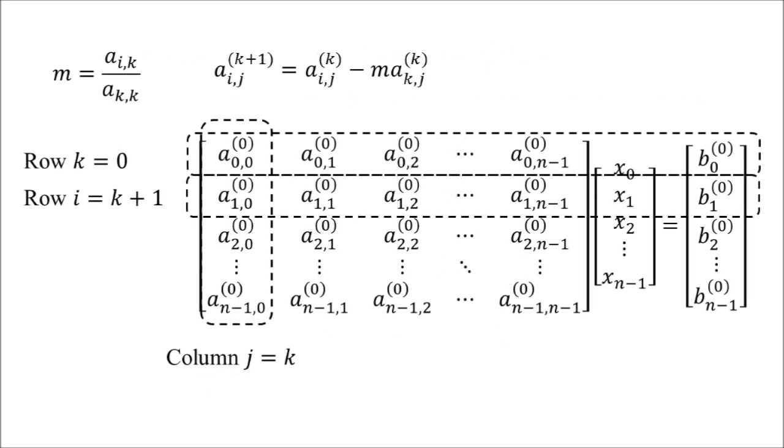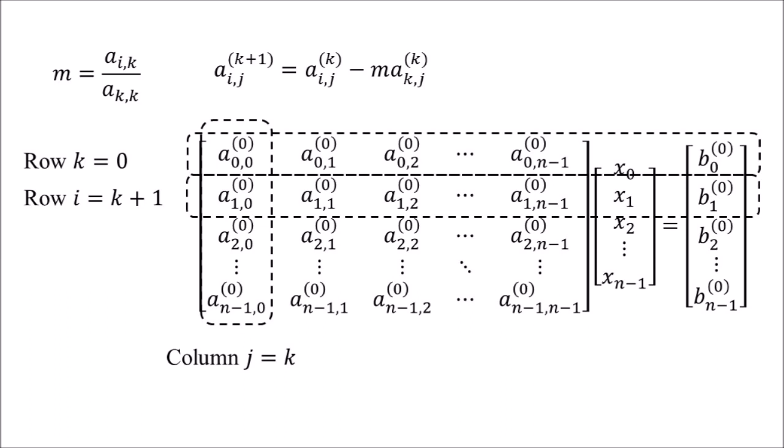Here's the process shown graphically. We've got the A matrix shown on the diagram, as well as the B matrix. The algorithm starts at the top row k equals 0, and we work on the row just below that, row i equal to k plus 1.